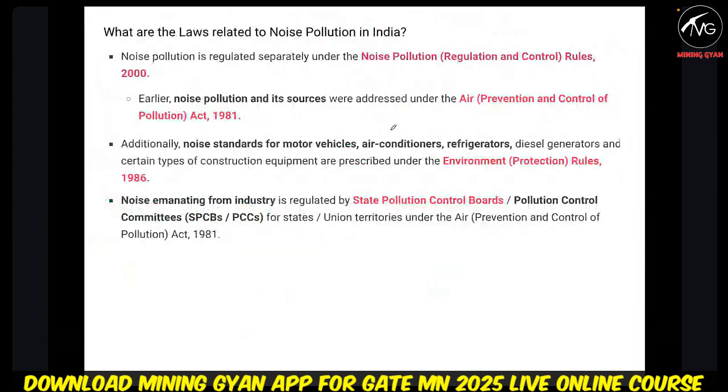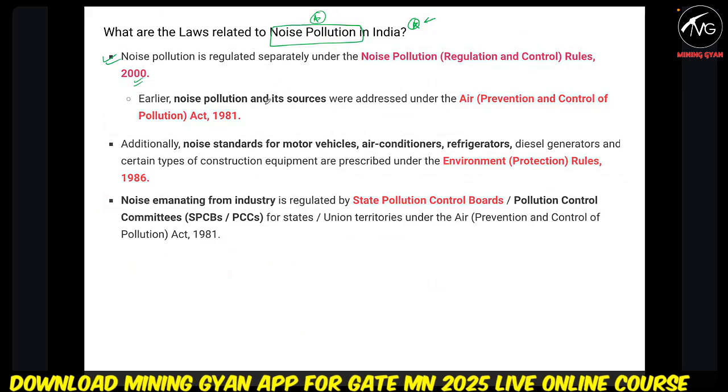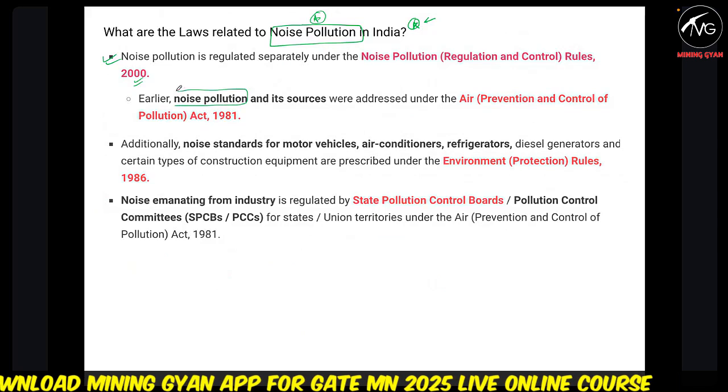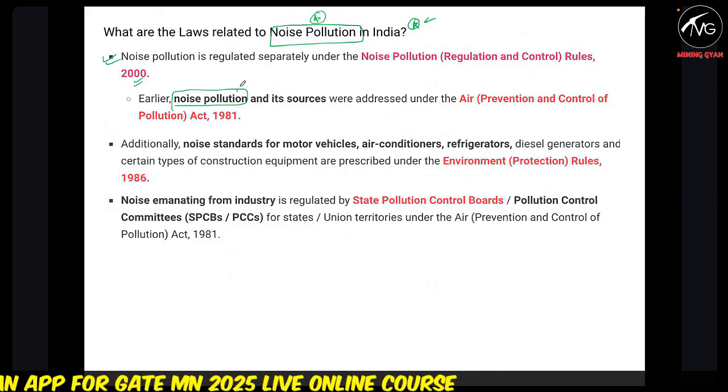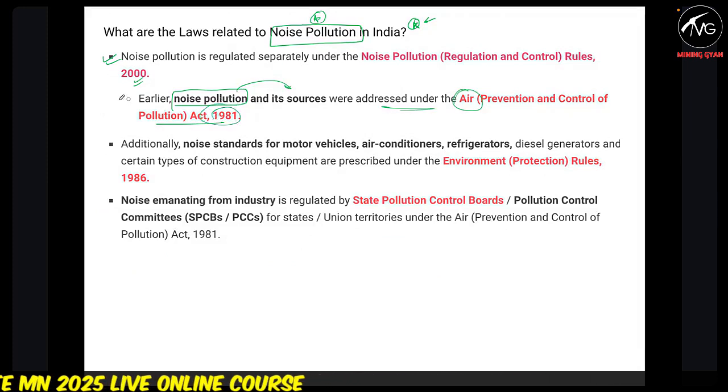Okay. Now I have also gathered this information for you because they may ask कि कहाँ पे noise pollution is mentioned. So this information you should also remember. Noise pollution before 2000: noise pollution and its sources were addressed in the Air Prevention and Control of Pollution Act 1981.